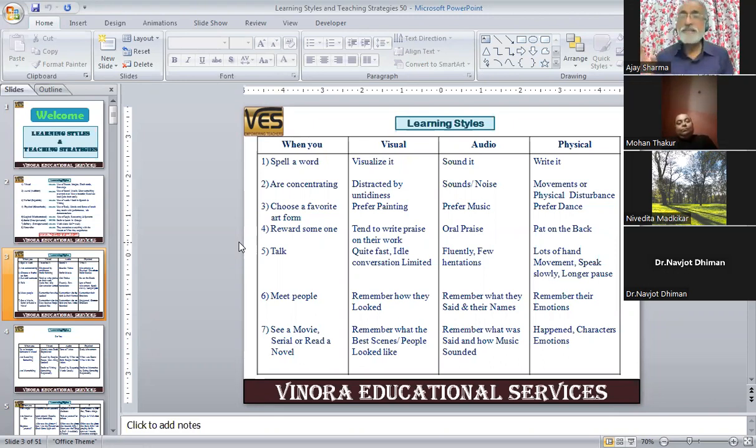And the third one, that is kinesthetic, what exactly happened? What were the emotional things that were happening in the movie or the serial?